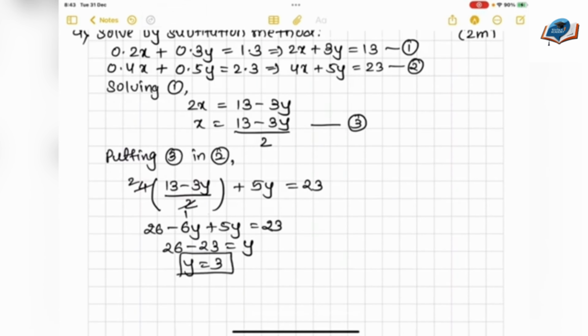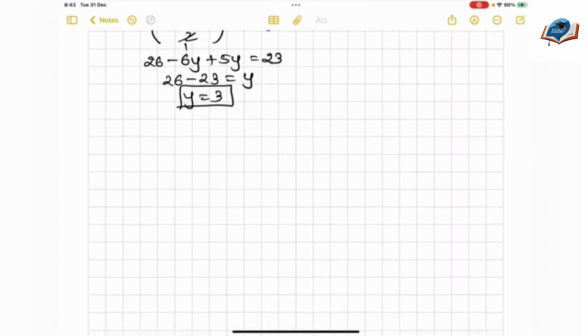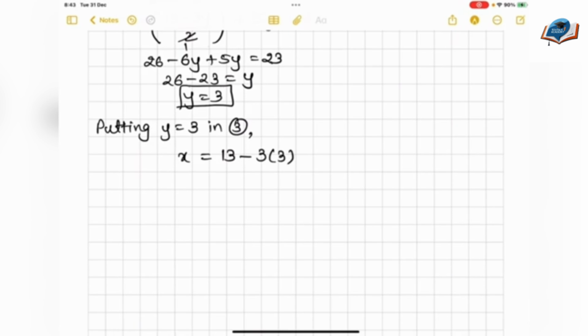I got the value of y. Now putting y equal to 3 in 3, x will be 13 minus 3 into 3 upon 2. So that will be 13 minus 9 by 2. So 4 by 2. So x equal to 2. So now I got x and y both the values.